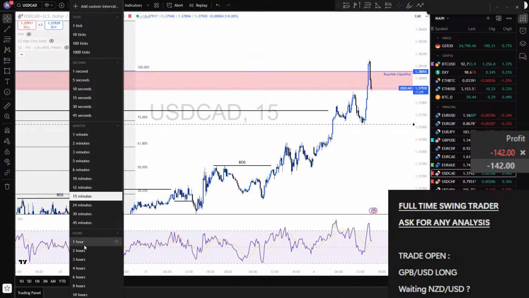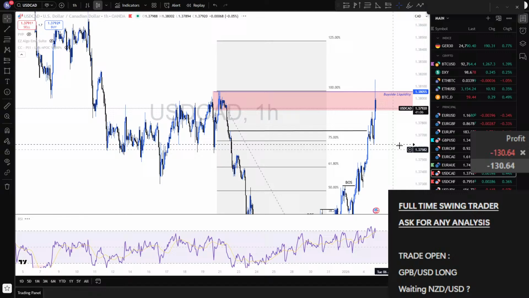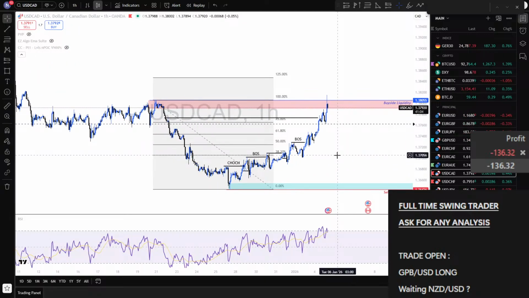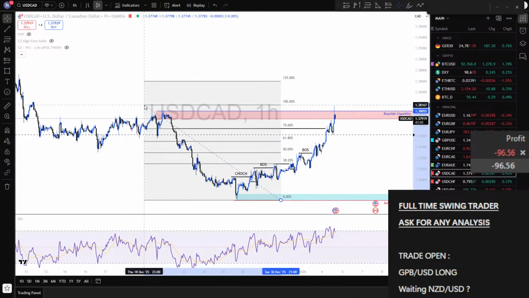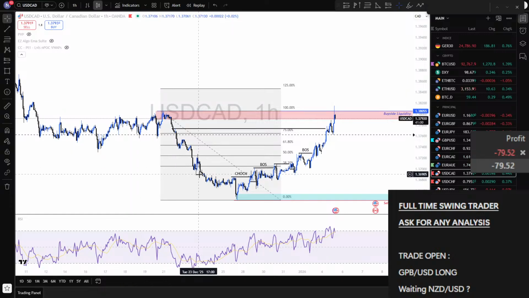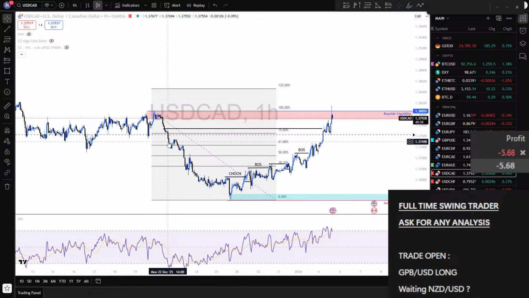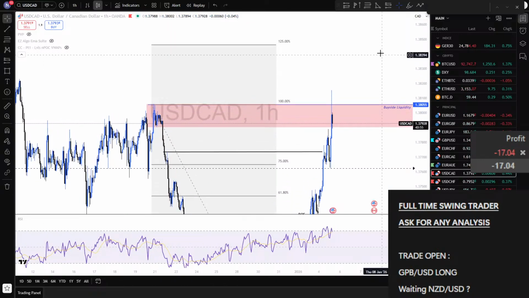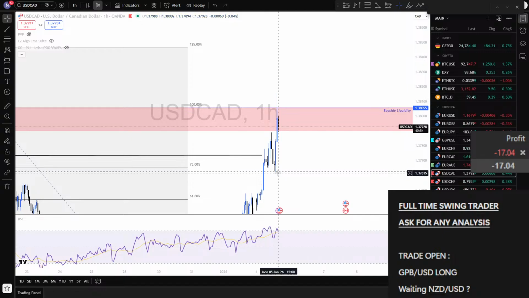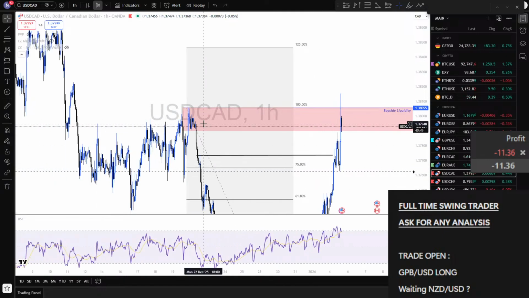USD CAD. For now, I just swept the leg he was correcting. I had my LR there in case he shows fractal, everything basically.